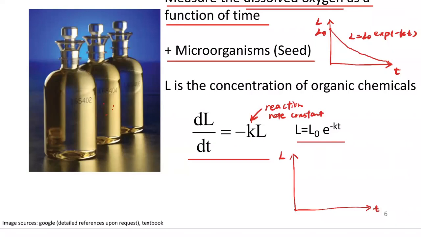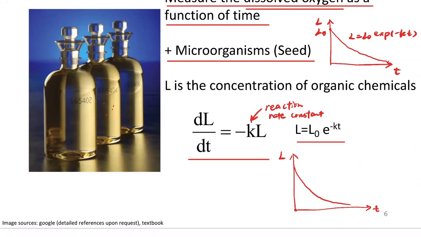So if we draw the L here again, this is the concentration of the organics. Then the BOD is going to be the reverse of it. Just think about it. At the beginning, when we introduce the microorganisms, the oxygen consumed is just zero, right? We haven't consumed any oxygen yet.